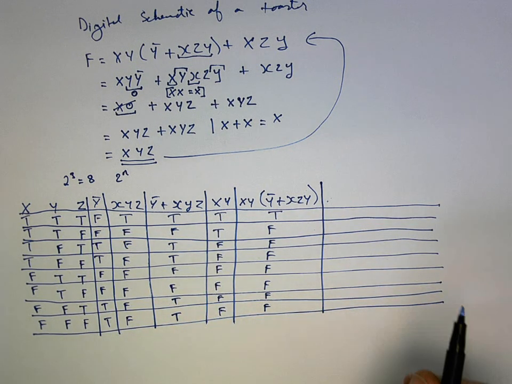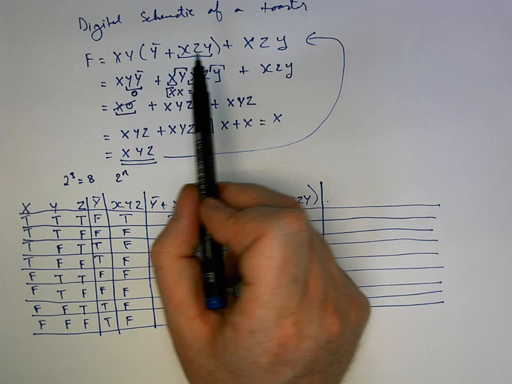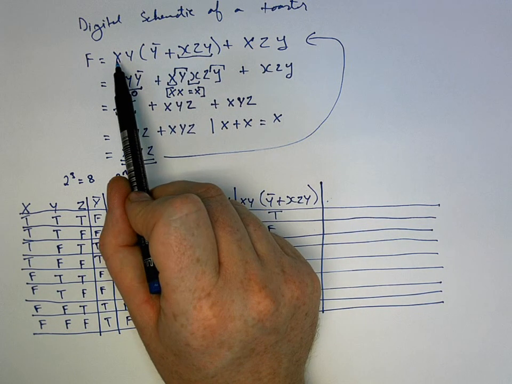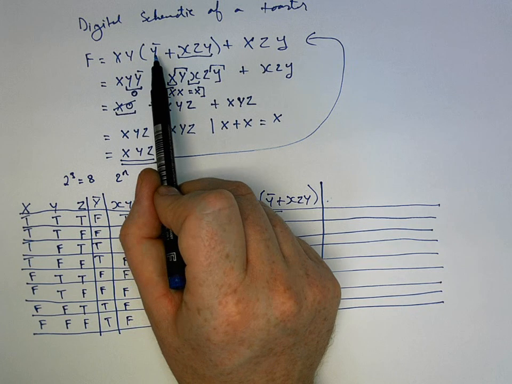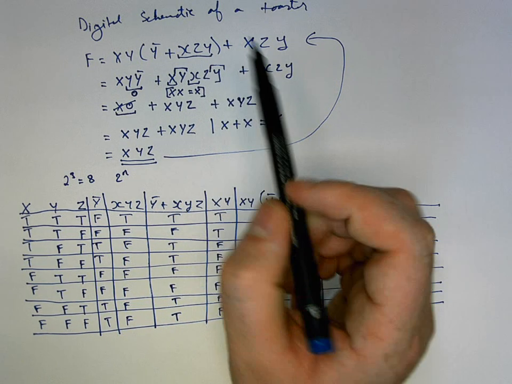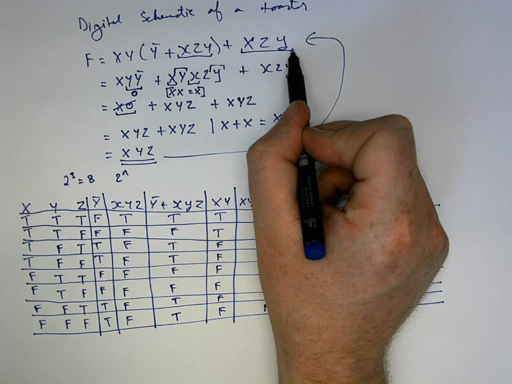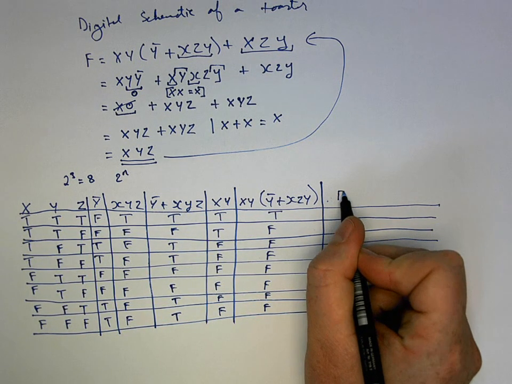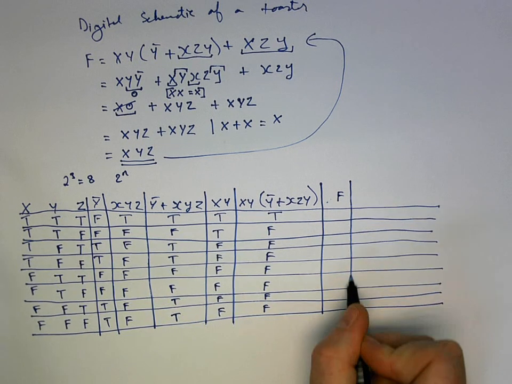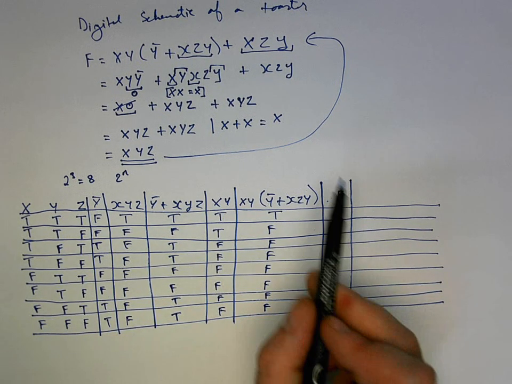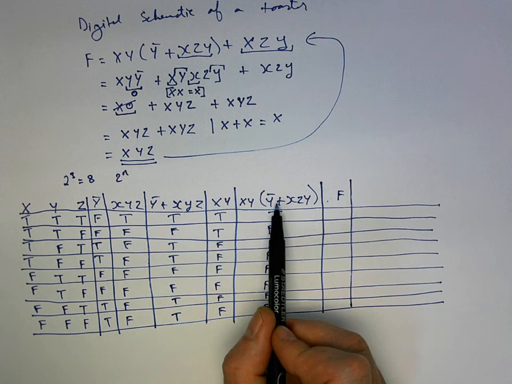Now the last expression that we need to look at is this full expression. We've got x and y and not y or xzy, and then we need to or that with xzy. We'll call this full expression f, and when we look at f, we simply or xzy with this column here.